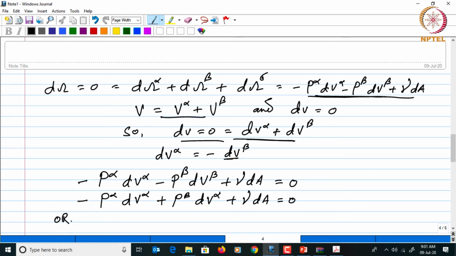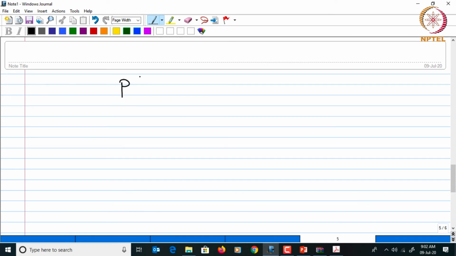Right, or if we rearrange a little bit, we'll get this as this one, and from here we can write that P alpha minus P beta is equal to gamma dA by dV alpha.